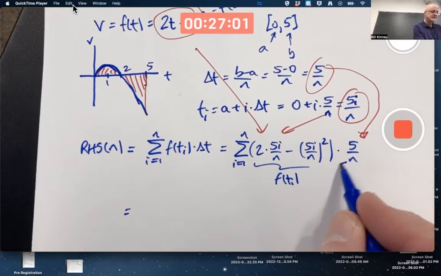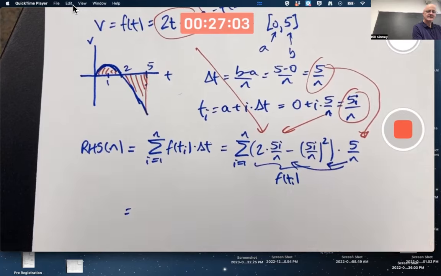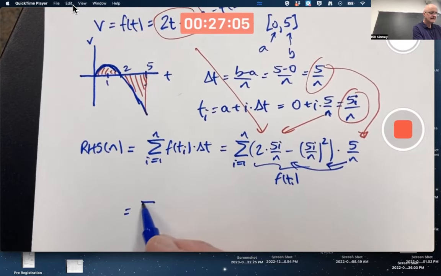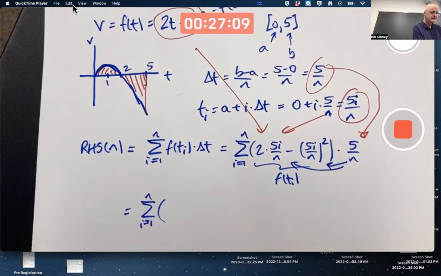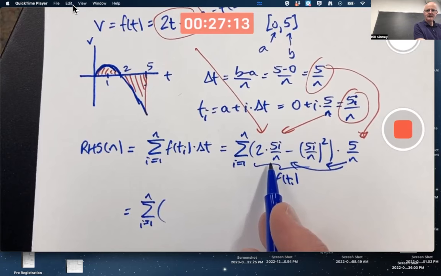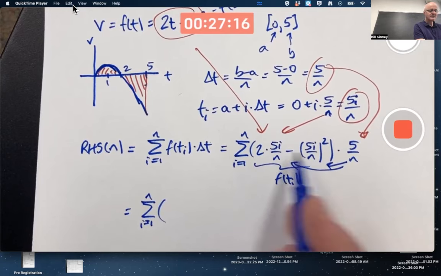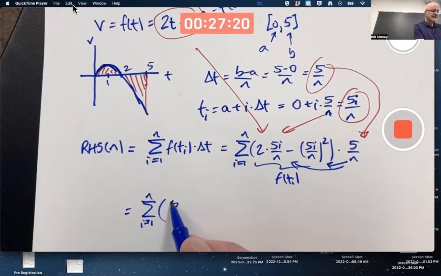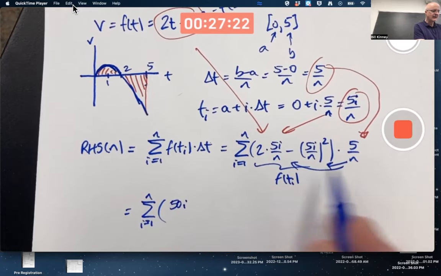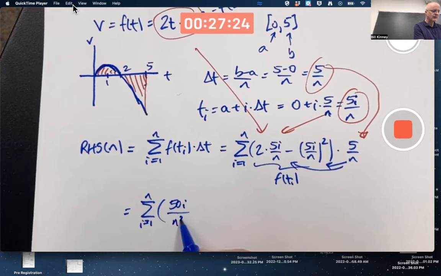One thing we can do is distribute the 5 over n through the parentheses. So that's just algebra. If I multiply this one by 5 over n, 2 times 5 is 10 times another 5 is 50. I got a 50 times i over, I've got 2 factors of n in the bottom. I've got an n squared in the bottom.